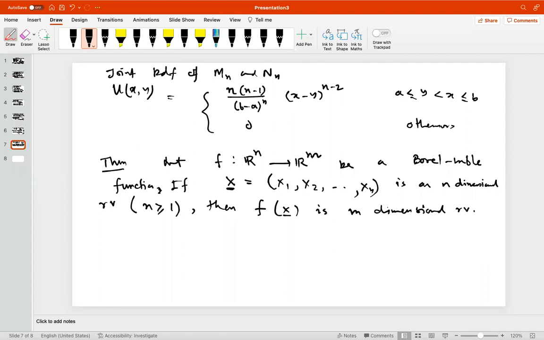You can take sin x, cos x, x square plus y square, and tan inverse y by x. That is also a polar transformation. So this is also called an R2 to R2 transformation, a different type of function transformation. One popular transformation is like that.